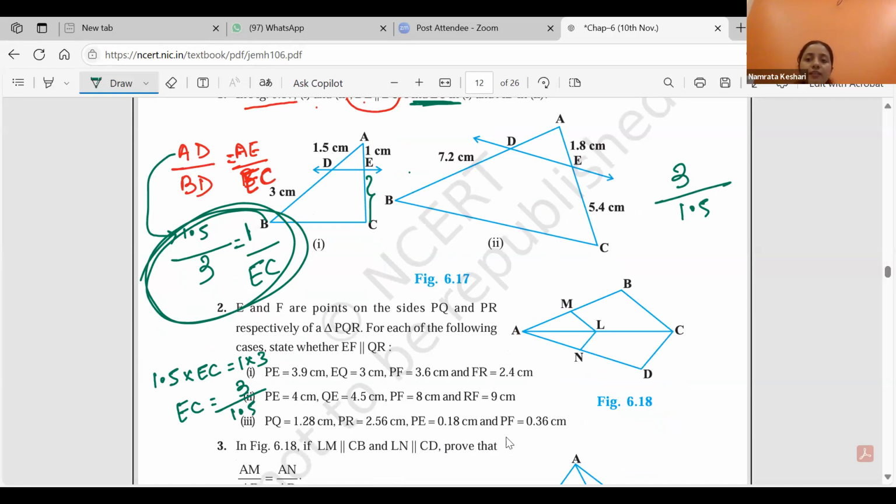Then multiply 10 in the denominator and we are bound to multiply the same 10 in the numerator because fraction will not accept otherwise. And hence we are getting 30 by 15. That means 2 is the answer. Is it clear?